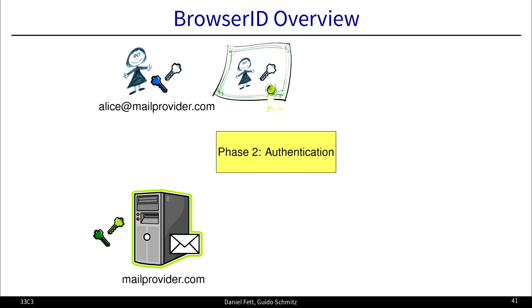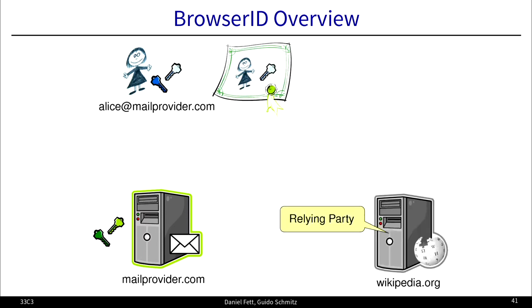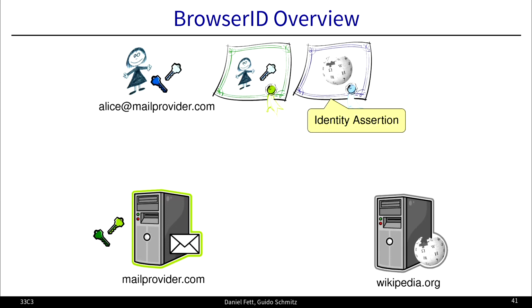Now, in the second phase, if Alice wants to actually log in at some website, she does the following. She creates another document containing the identity of the website where she wants to log in, say Wikipedia. And to do so, she signs the identity of Wikipedia with her own private key. And this creates the so-called identity assertion.